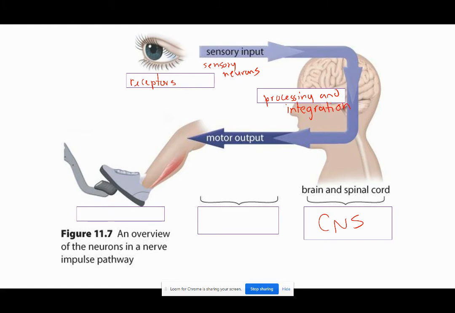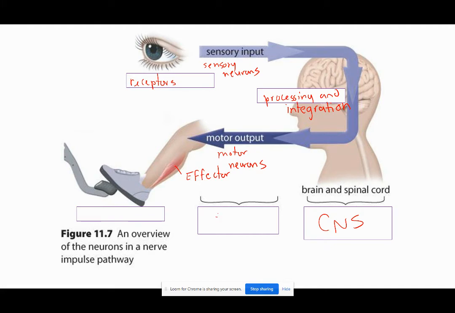Hard to write on this screen. Down here we have motor output, so that would be through motor neurons. Those motor neurons will carry the signal to the effector, which is your muscle.